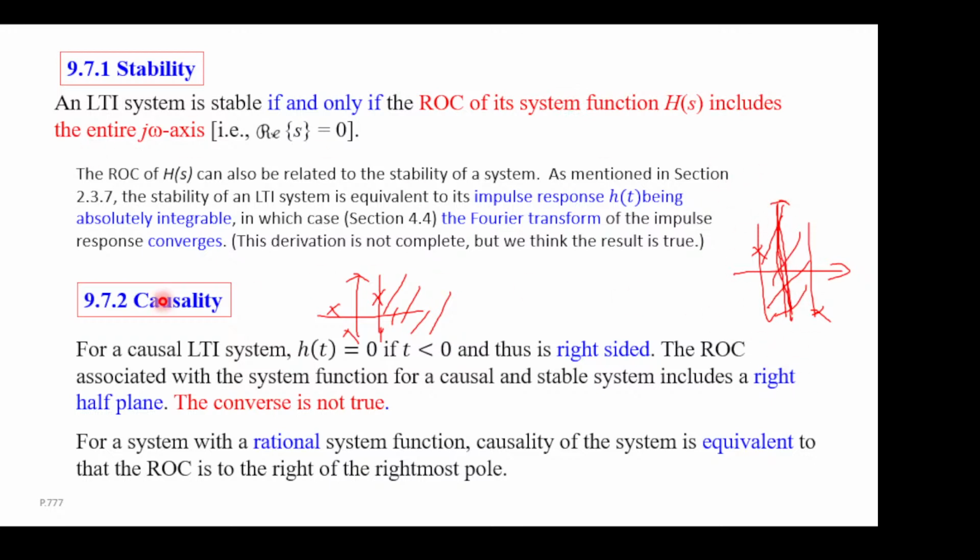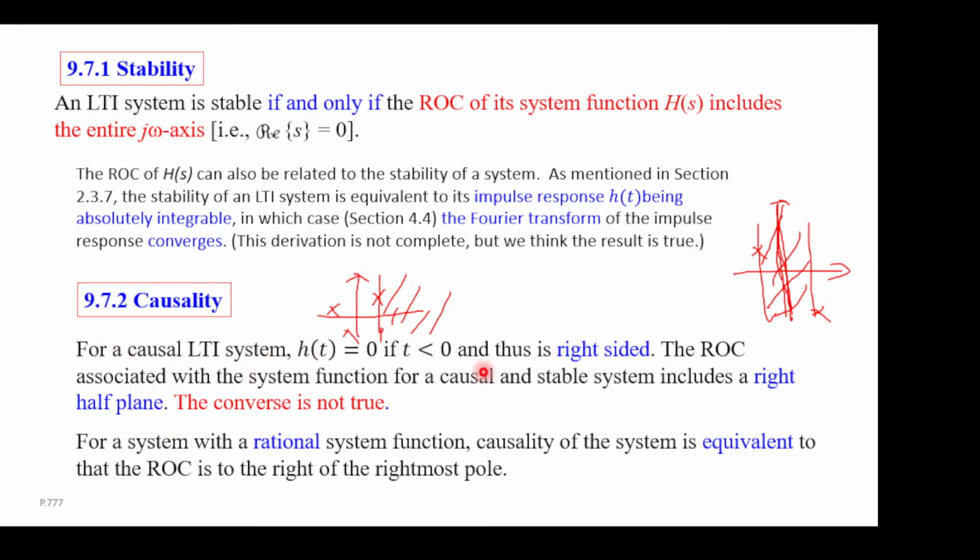Then for causality, we actually don't get if and only if here. So we say if the system is causal, then the ROC is the rightmost ROC basically. So the ROC includes the right half plane.